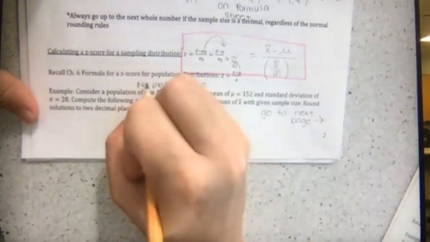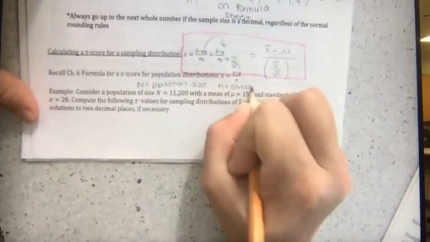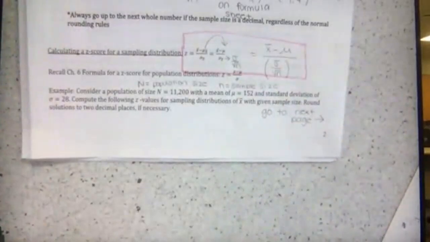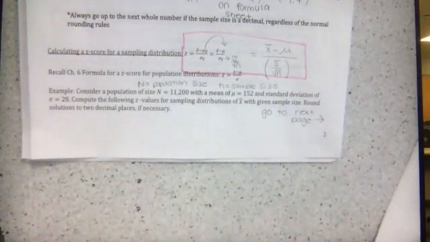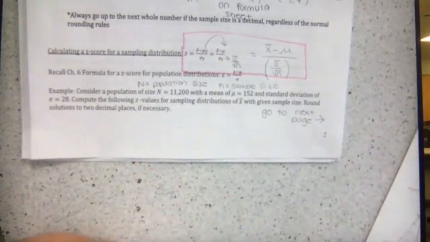Capital N is our population size, lowercase n is our sample size. It gives us our population mean of 152 and our population standard deviation of 28. Let's take this and go to the next page.